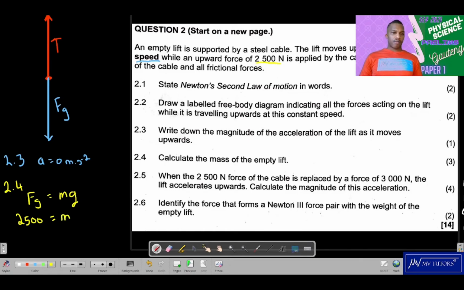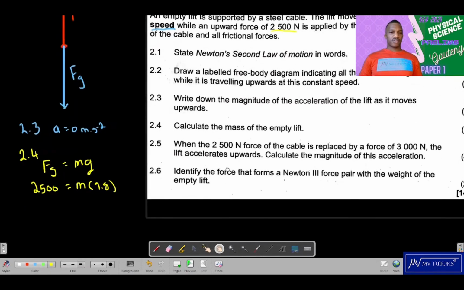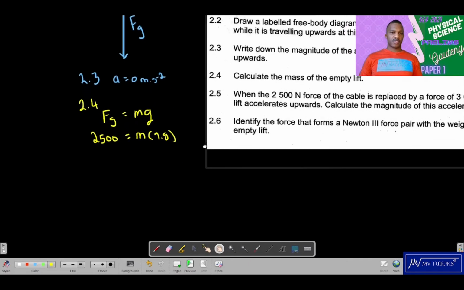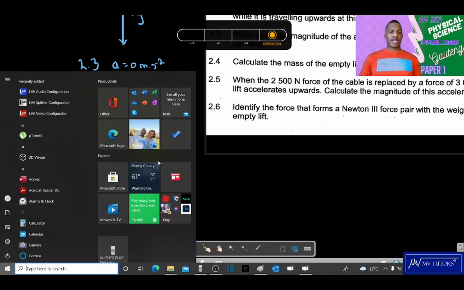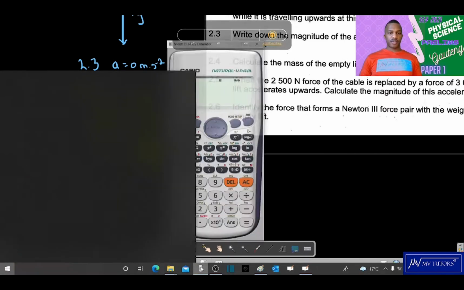And then we'll put the mass, and for gravitational acceleration you use 9.8. Let me bring this to the middle, to give us more space to work with. To get my mass, it will be 2,500 divided by 9.8. Ladies and gentlemen, let's get a calculator at this point. There we go.